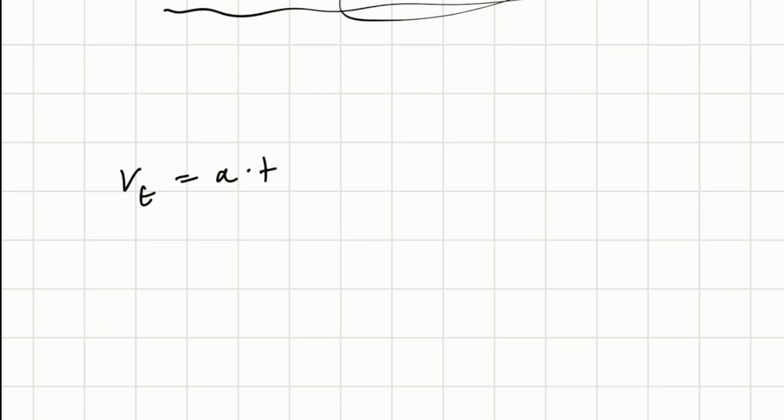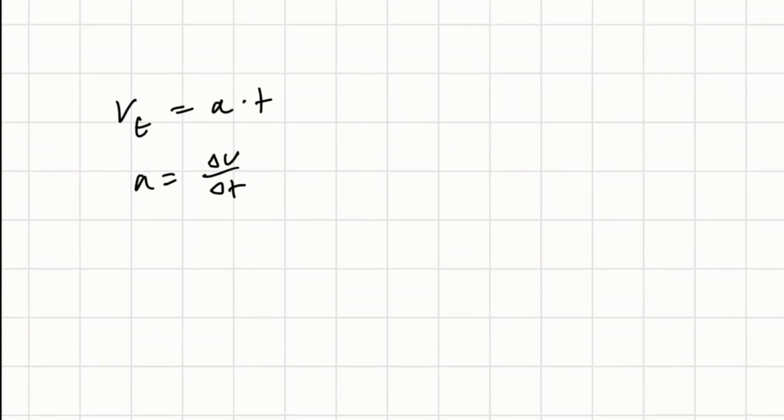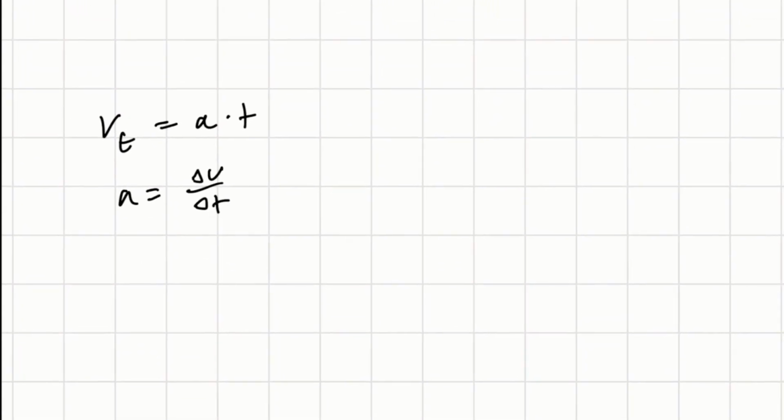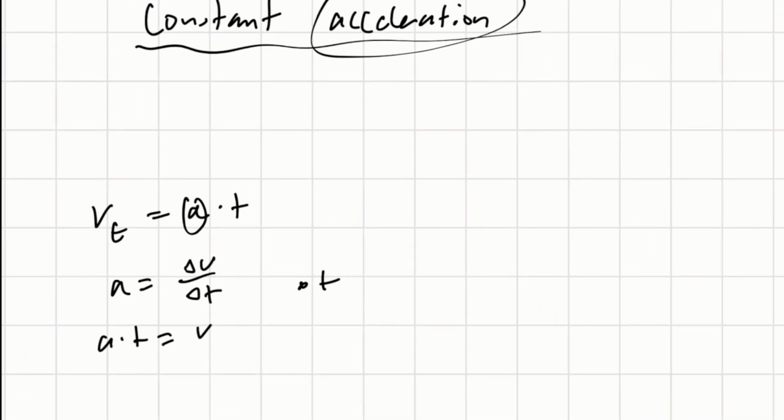The reason for this is quite simple, because if we think back, we know that this is nothing else than, okay, and if we now multiply this with t, we get a times t equals speed. Because this is a constant, and this is something you can remember.